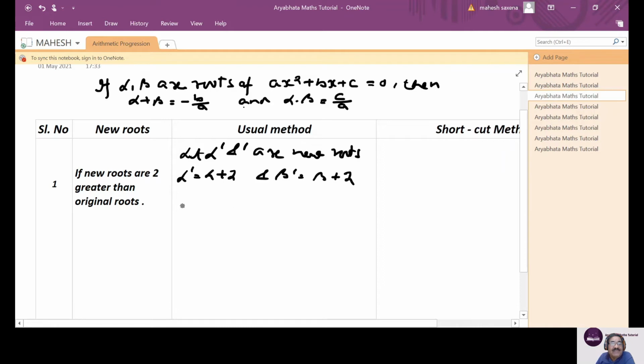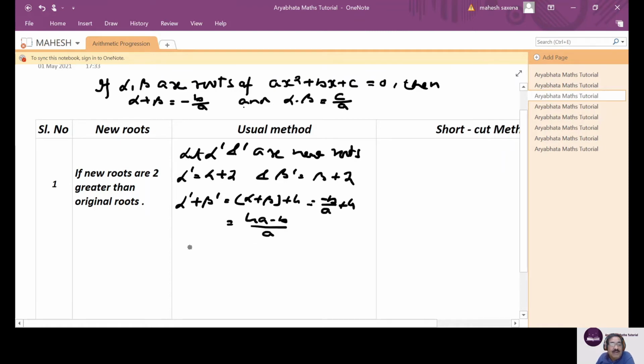Therefore, alpha dash plus beta dash will be alpha plus beta plus 4, that is minus b upon a plus 4. You can write it as (4a minus b) upon a.